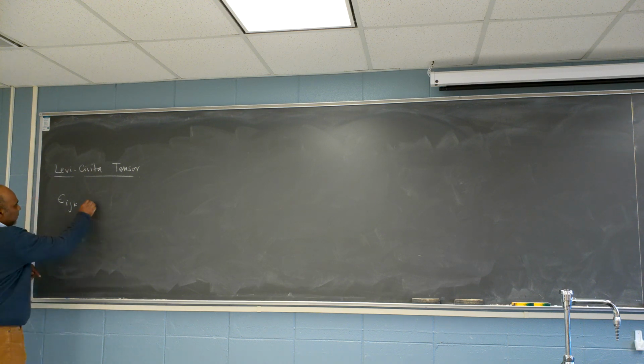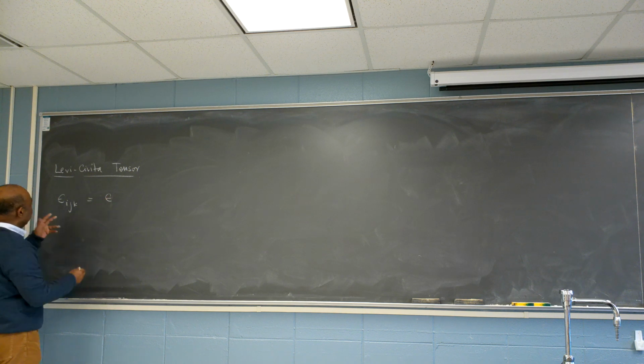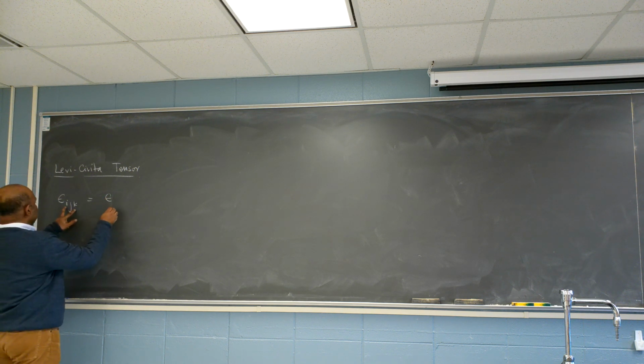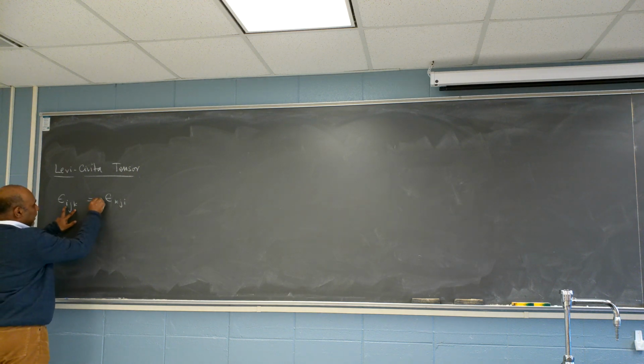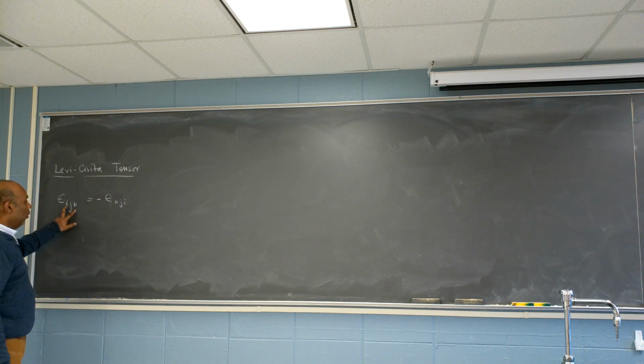Meaning, if I swap one pair, I don't care which one, let's say k, j, i, I get a minus sign. This was the Lie algebra talk, wasn't it? Earlier this year? It shows up in Lie algebras as well. Correct. That's exactly correct for rotation.